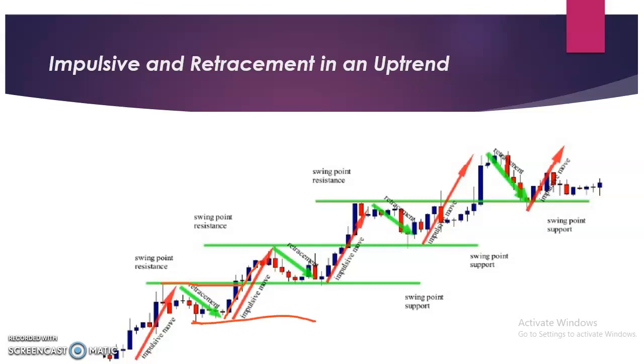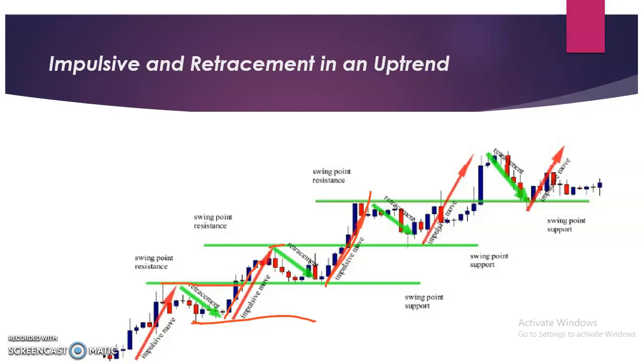It didn't take out this former support before it moved again to the upside and broke through this resistance again. So this is your impulsive move. This other one is what? Your retracement, or you can call it correction. Whether you call it correction or retracement, you're still saying the same thing.